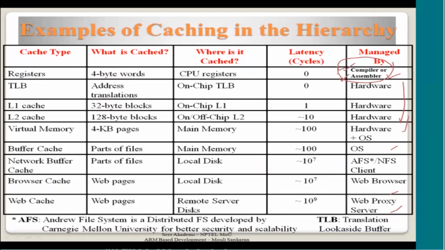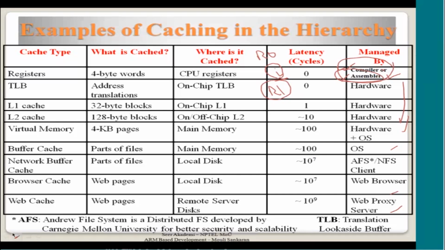You are writing the program, but you are not deciding that my variable I should go into register R0 or register R1. When you are writing an assembly code as a programmer, you will be deciding that a particular data should go into a particular register. Otherwise, it is done by the tool if it is a high level language.